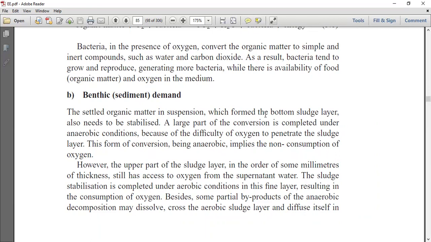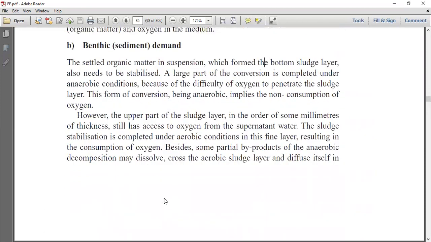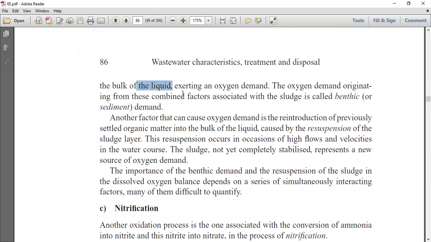The sludge stabilization is completed under aerobic conditions in the fine layer, resulting in the consumption of oxygen. Besides, some partial byproducts of the anaerobic decomposition may dissolve, cross the aerobic sludge layer, and diffuse into the bulk of the liquid, exerting an oxygen demand. The oxygen demand originating from these combined factors associated with the sludge is called the benthic demand.